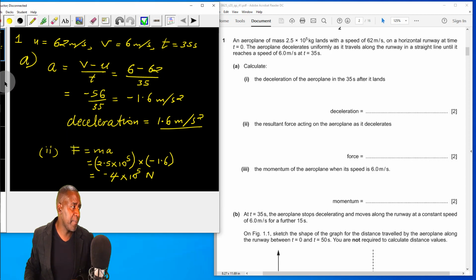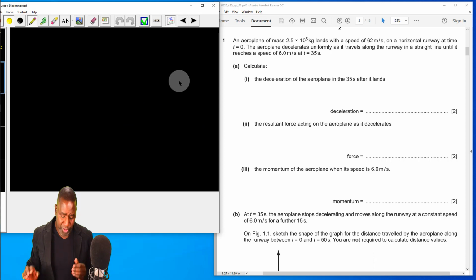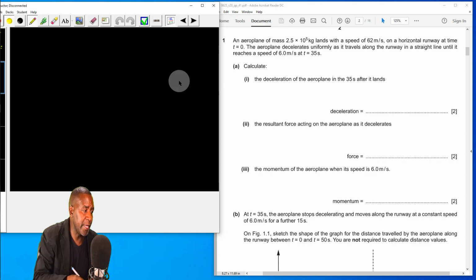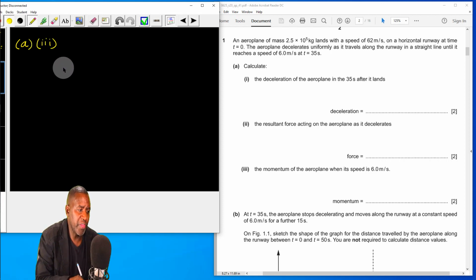So this time I want to use a new slide over here, and part 3, want to work out the momentum of the aeroplane when its speed is 6 meters per second.